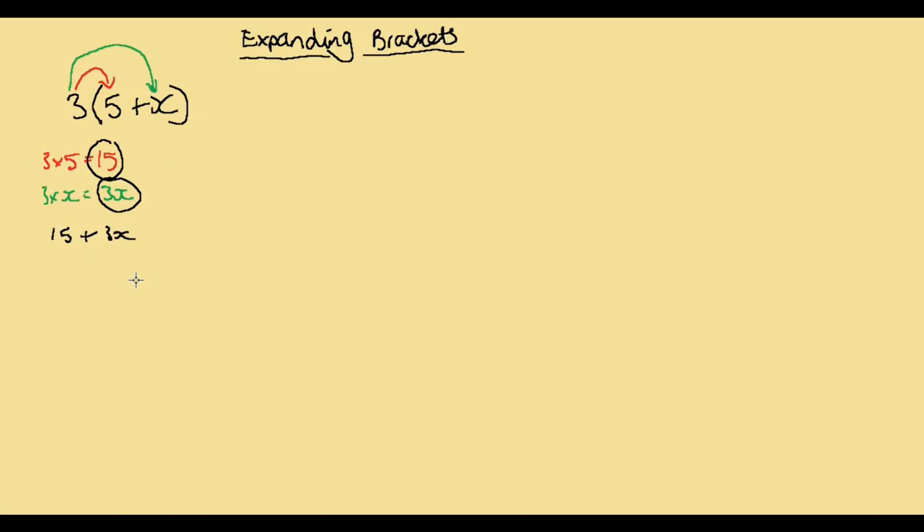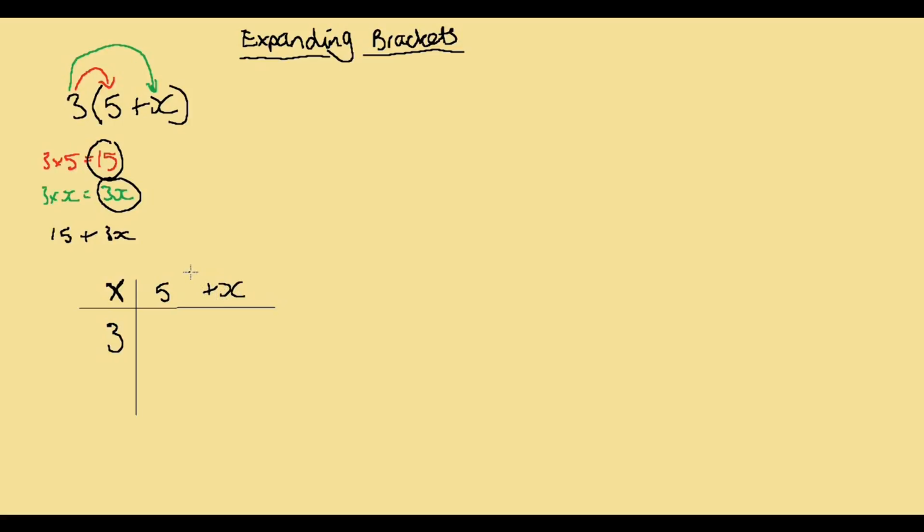So if we set up a table, something like this, what we're going to do is multiply. So we're timesing the 3 by a 5 plus x.